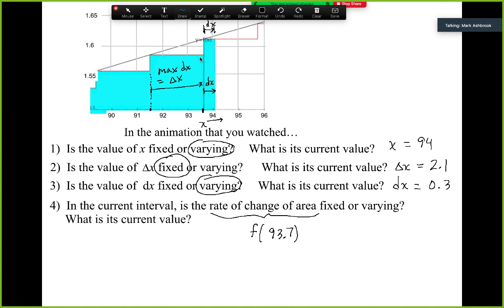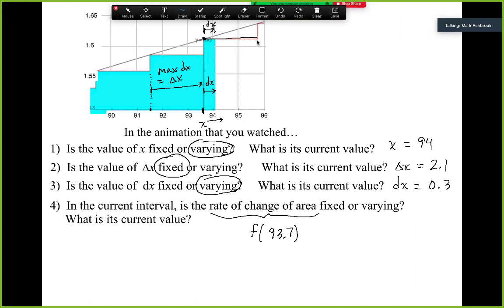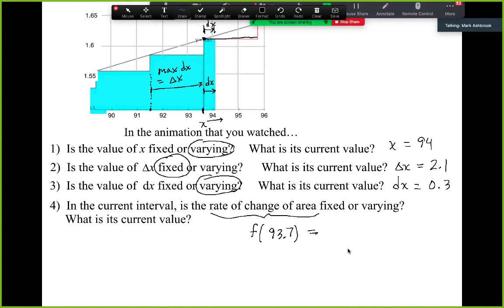So that's kind of like the left-hand method, right? The value of the function right there is the value of the function at 93.7, and that's going to be our value of the function in this pretend function for the whole delta x interval. Okay, and what is that rate of change? Or an estimate? 1.61.